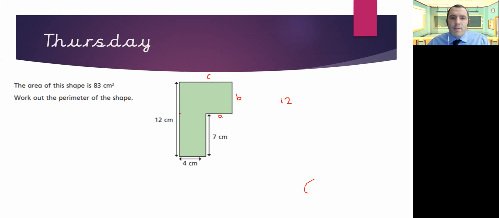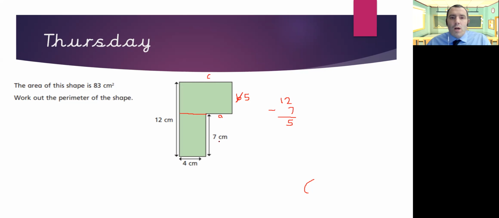So what I'm doing is I'm almost making it into two separate shapes. So 12, take away 7 will leave me with 5. So B I can now get rid of my letter, and I know that's 5 centimeters. What I haven't got is the missing measurements for A and C. Now I can use the measurements I've got, and I know the area is 83 centimeters.